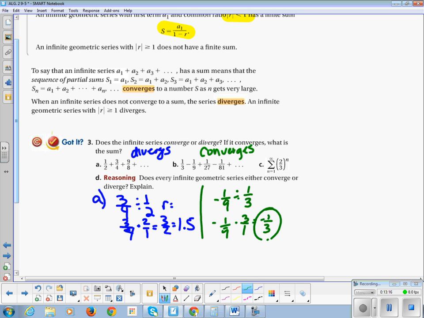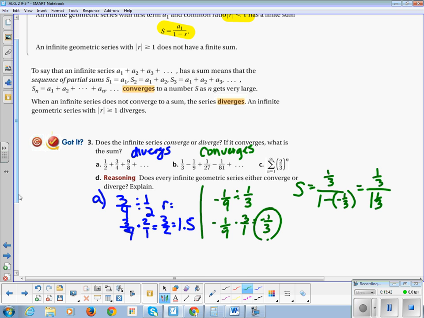So the sum of this is equal to our first term over 1 minus our common ratio. 1 minus negative 1/3. Minus a negative is the same as plus. So that's 1/3 over 1 1/3.